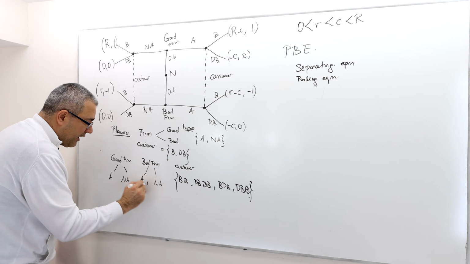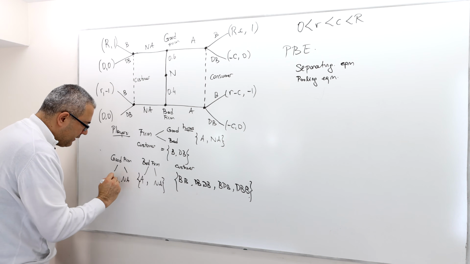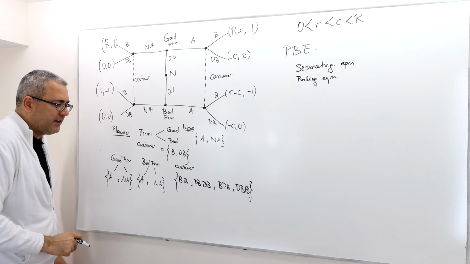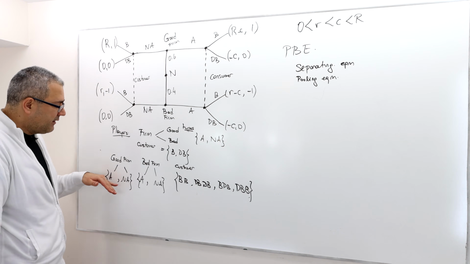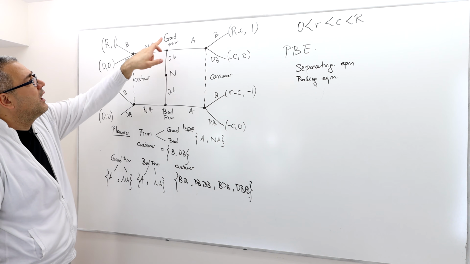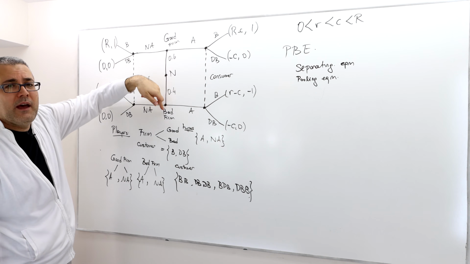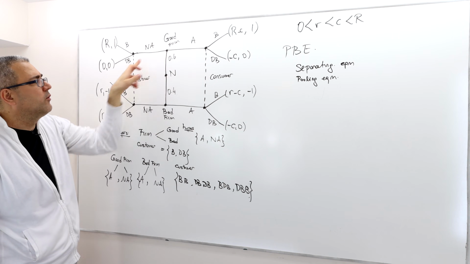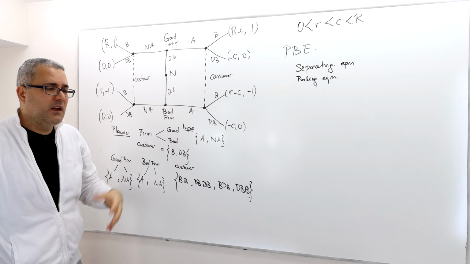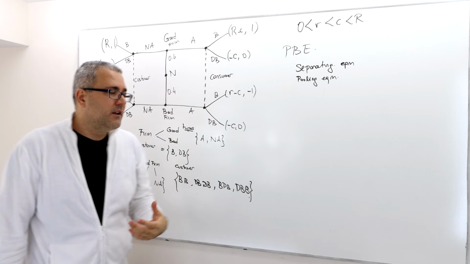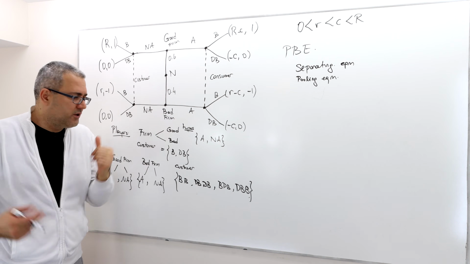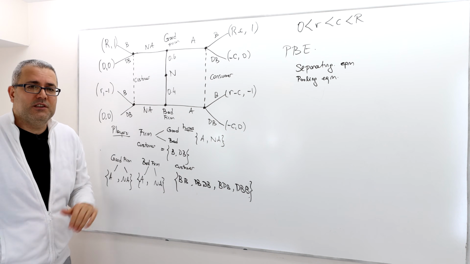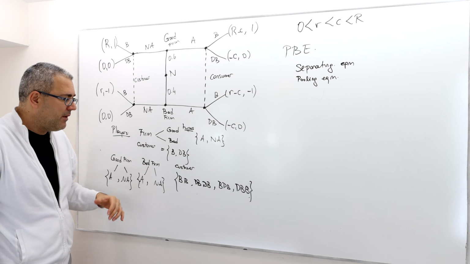And these are the strategies of the good and bad type of the firm. They're not tuples because each firm, whether good or bad, has only one decision node. Remember, nature is not a player, so we don't really care about its strategies. These are the strategies for each player in this game.